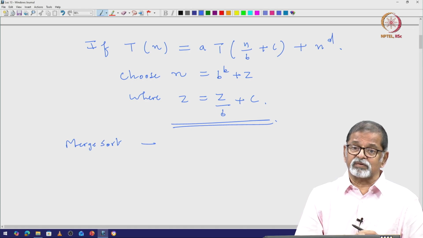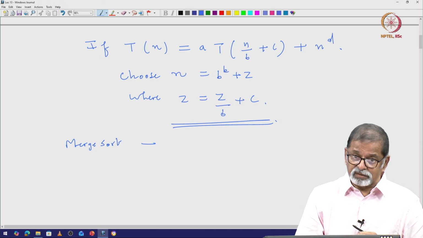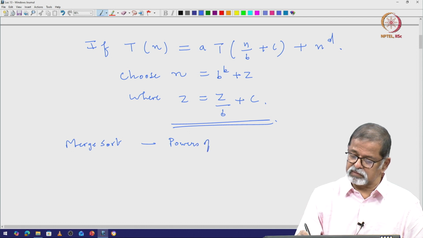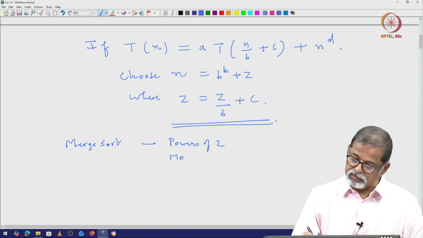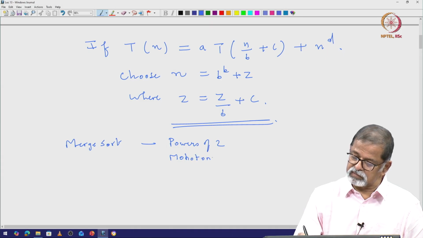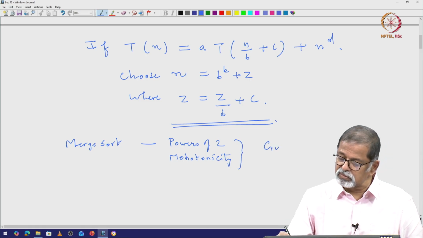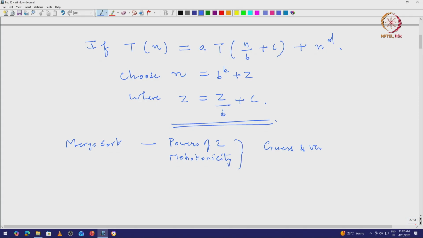We have seen that for the analysis we can use powers of 2 and monotonicity, or you can do guess and verify, or you can directly solve. Exactly, you can try to figure out. So, we have seen all the three techniques for the analysis of merge sort.